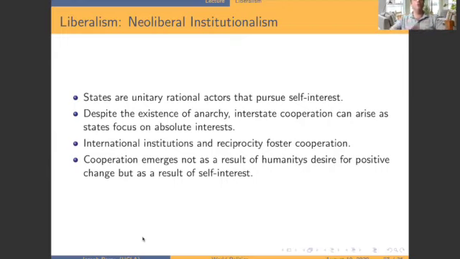The last school of thought inside the liberal school is neoliberal institutionalism. And this is a school of thought that claims that institutions do not exist as a means to promote values, but rather solve collective action problems at the international level.